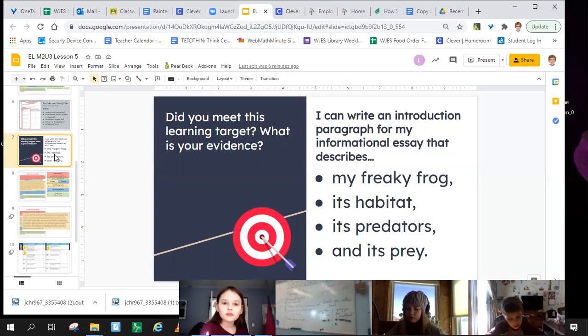So thumbs up if you feel like you had a paragraph that said a little bit about your freaky frog, its habitat, its predators, and maybe its prey. So some of us thumb sideways, perhaps, if you're not finished with it. Otherwise, if you're finished with it, your thumb is up.